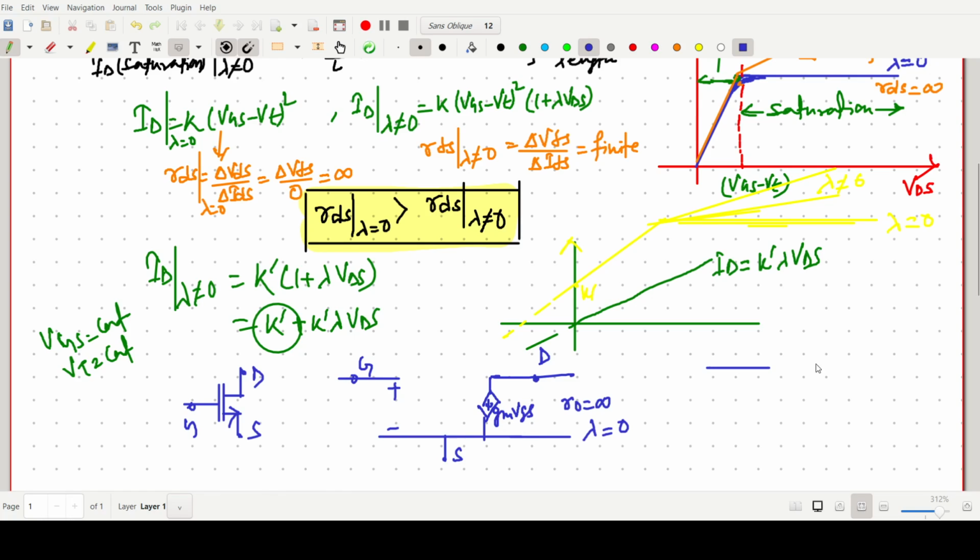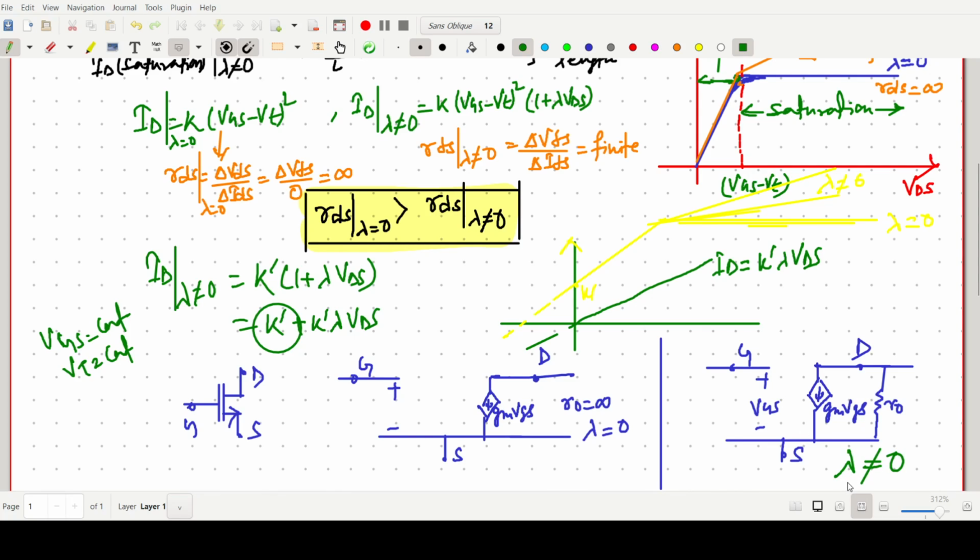But when we take the channel length modulation concept, there is no change in gm, but we add some finite resistance ro. So when we consider channel length modulation, there is some finite output resistance, and without it, there is infinite output resistance.